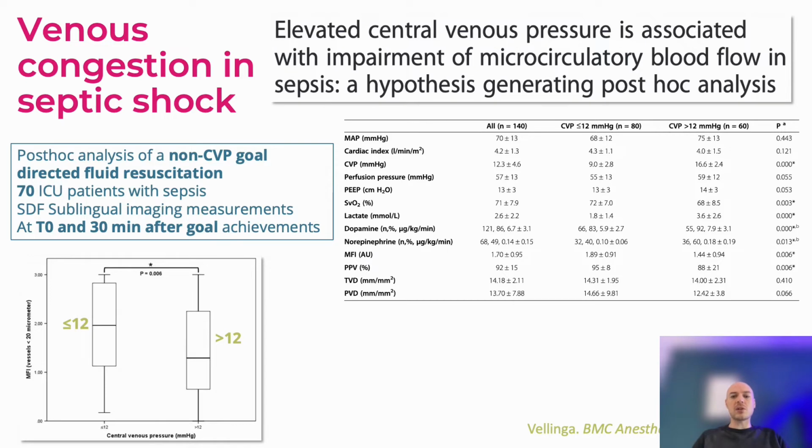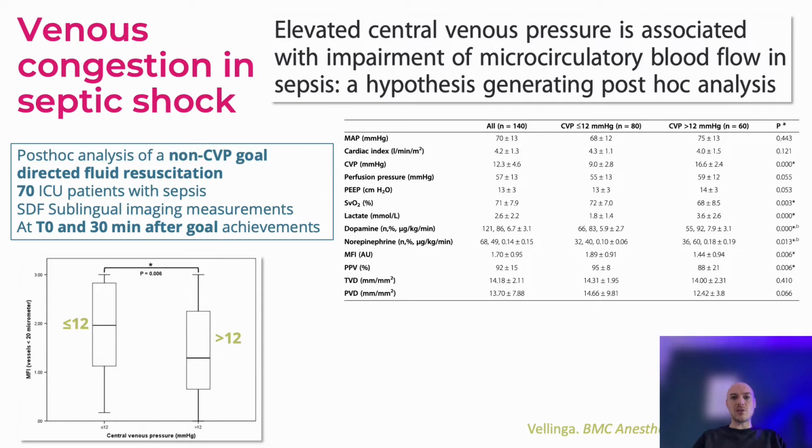In this post-hoc analysis of a prospective study in septic ICU patients who were resuscitated according to a strict non-CVP guided treatment protocol, they examined the differences in microcirculatory variables in patients with a CVP lower and greater than 12. They found that the MFI was higher in patients with a CVP lower than 12.